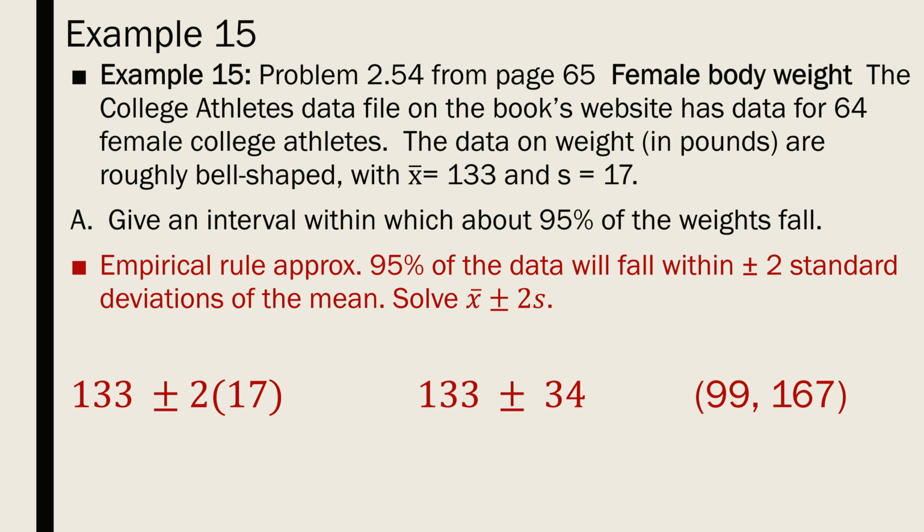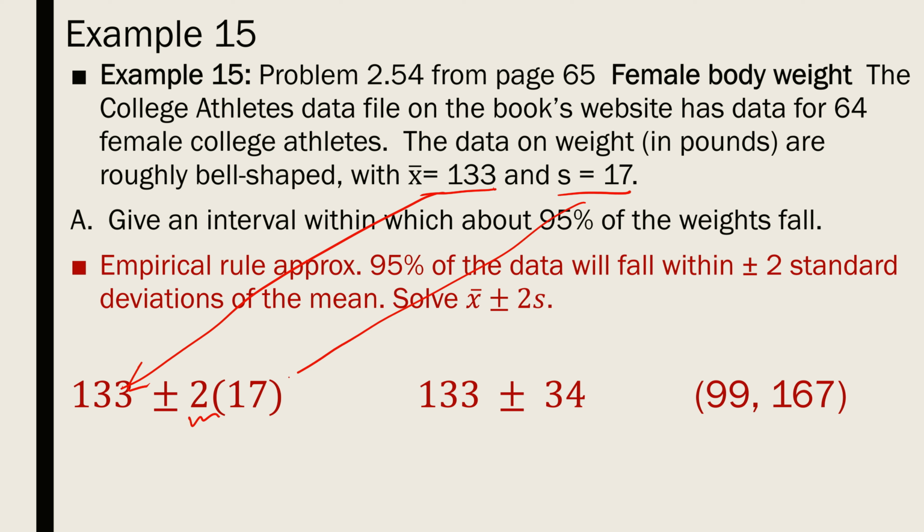Question A: give an interval within which about 95% of the weights fall. So the X bar is 133, S equals 17. We put the X bar here, and by the empirical rule, the coefficient here should be 2.